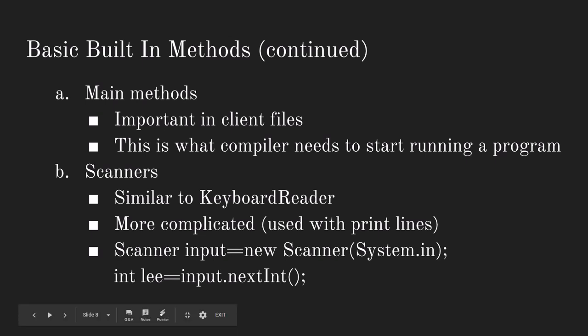And how would you tell the compiler that you're going to enter an integer in the next line? You would do whatever primitive data type it is, capitalize it, and then do the scanner name dot next, and then that primitive data type name. Keep in mind that, like keyboard readers, you would use a capital L and then lowercase I and E, so nextLine for strings.